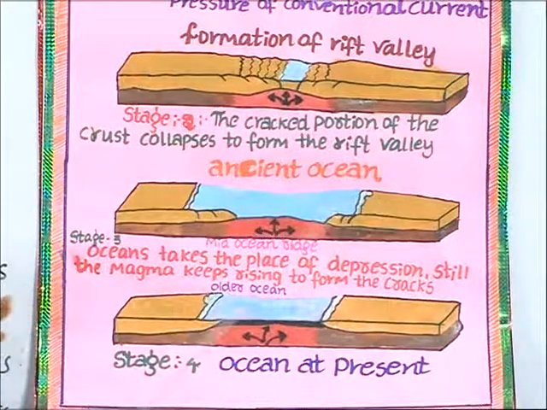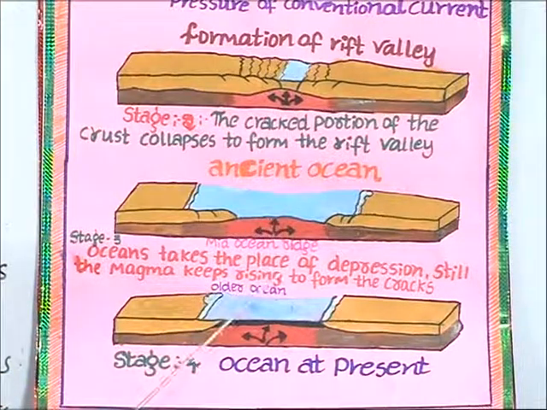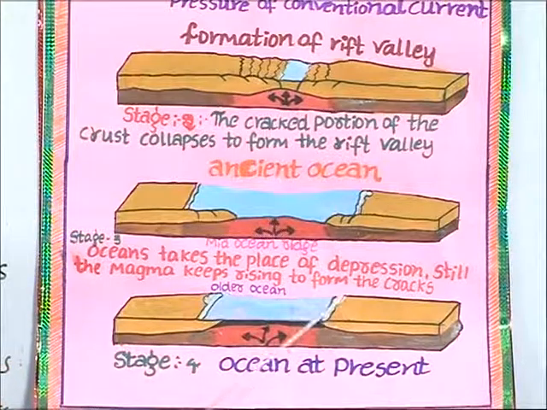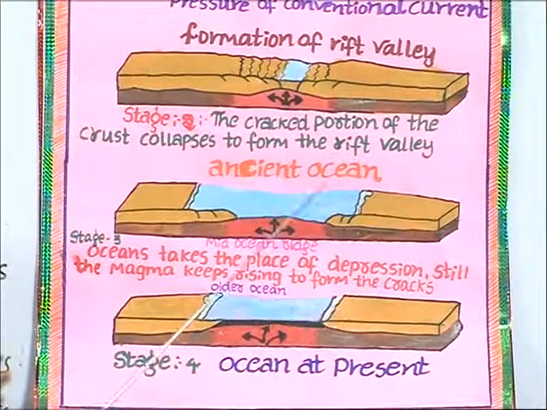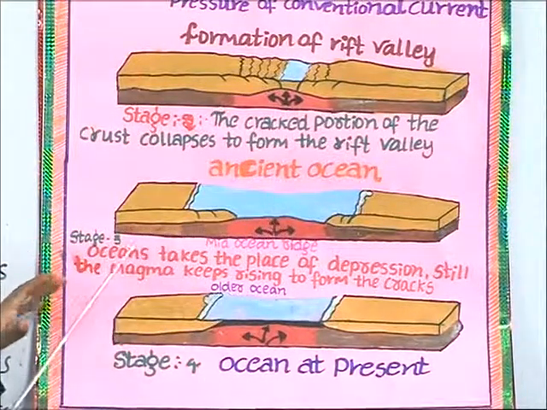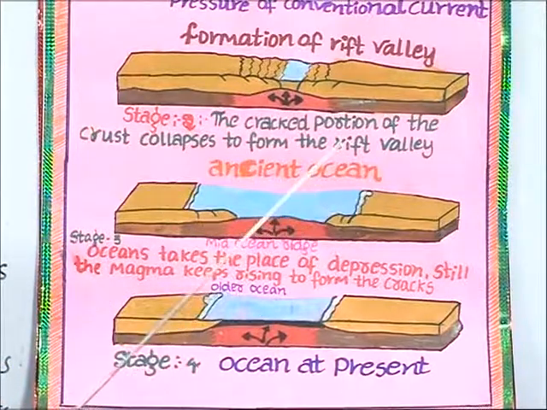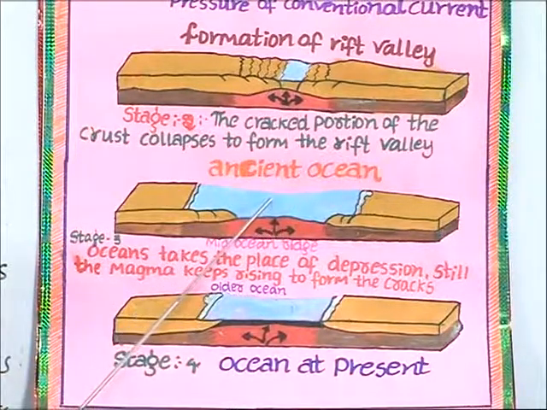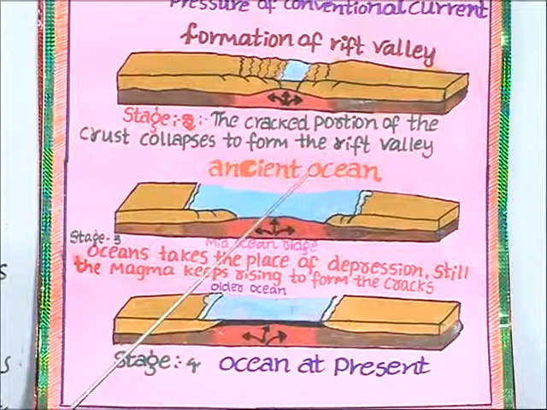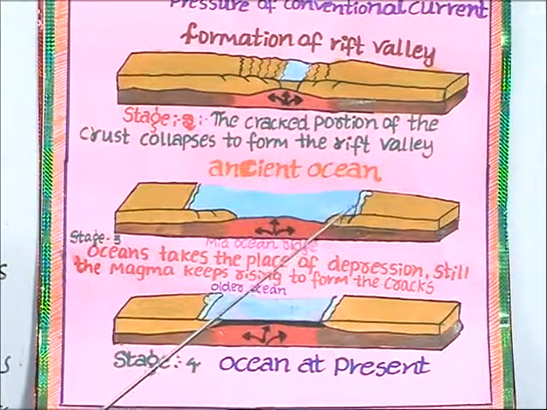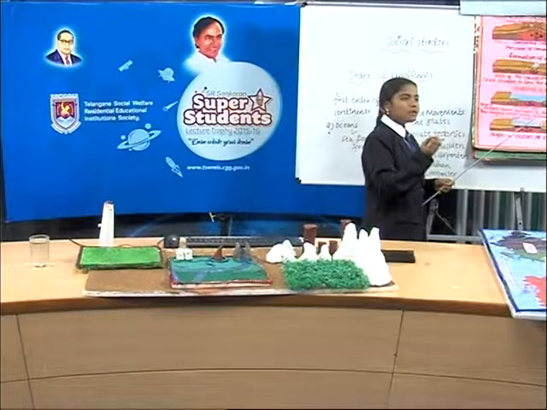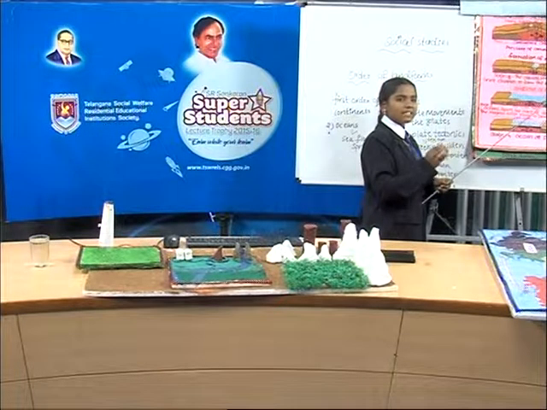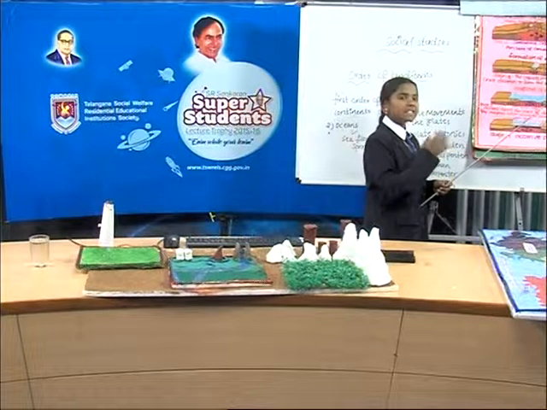After that, still the magma keeps rising to form the cracks. After the oceans take place, magma, also called lava, means some of the rocks present underground. The underlayer of the earth is very hot and in liquid form.